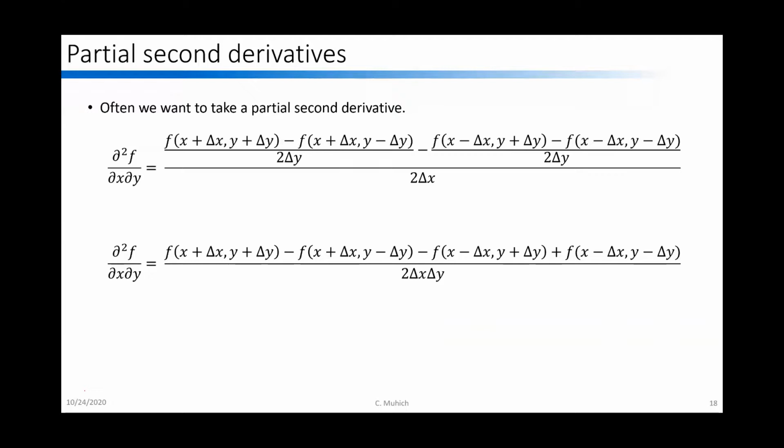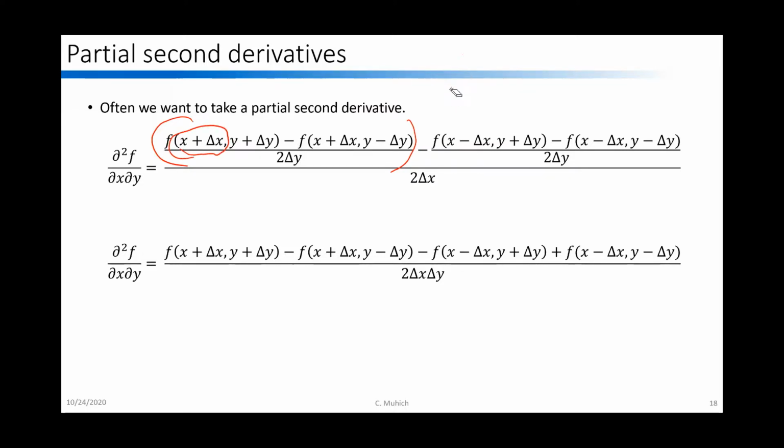and we can do the same exact idea with second derivatives. So here, if I want to take a second derivative, partial f partial x, I need to look in both the x and the y direction. This gets a little bit more complicated. So what I first do is I take my central difference formula, I take my derivative in y at this higher value of x.